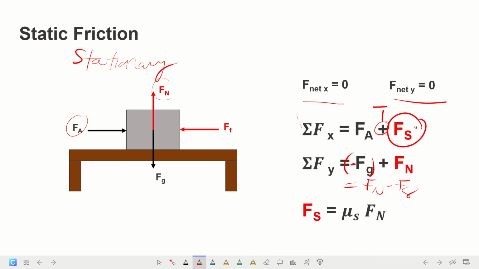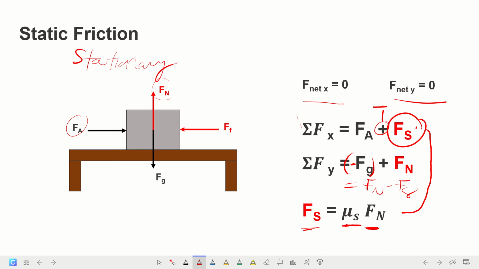So to look for the static friction, sabi natin, 'di ba, that we need to consider the nature of the surfaces and the normal force. So therefore, to solve for the static friction, we multiply the coefficient of static friction with the normal force.